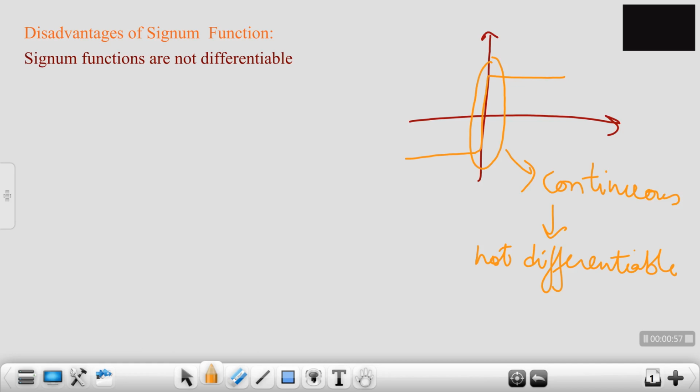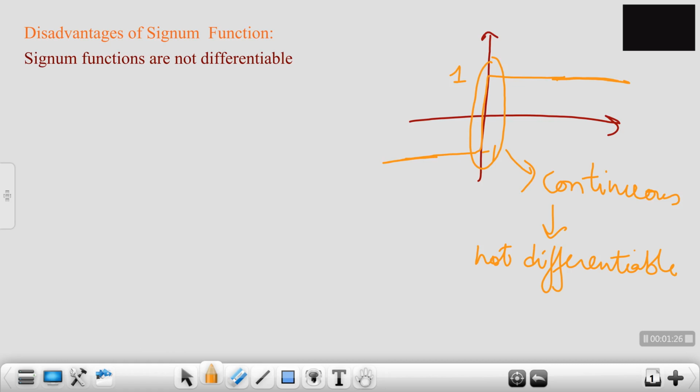But it has a feature. The advantage is that it saturates. I have told you that the activation function should be such that it saturates. There are two levels, +1 and -1, and the output saturates at 1 or -1. But it is not differentiable, and that is the reason it may not be used.